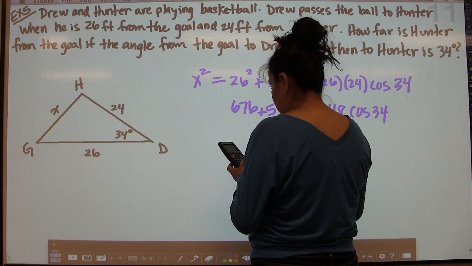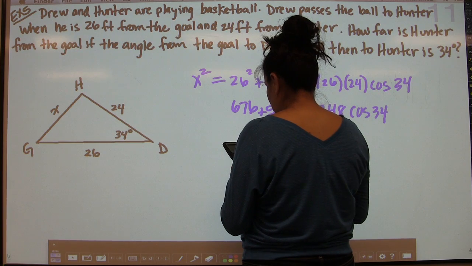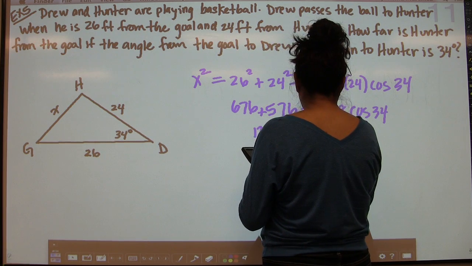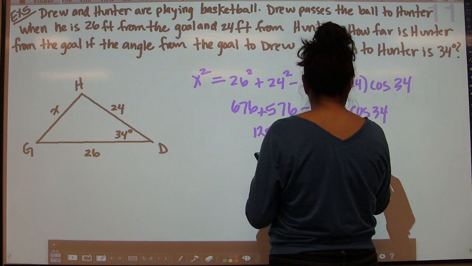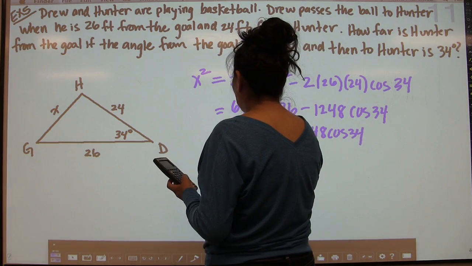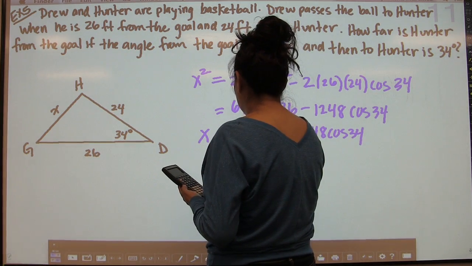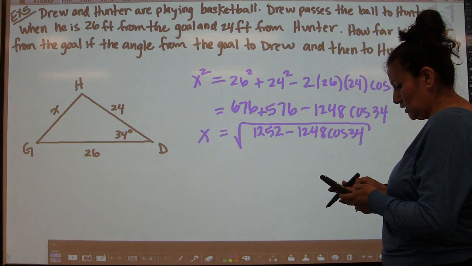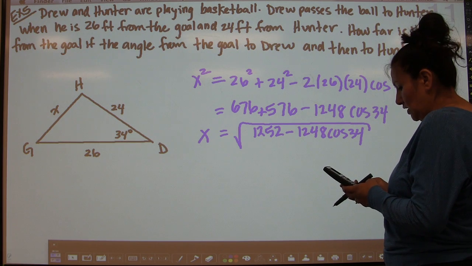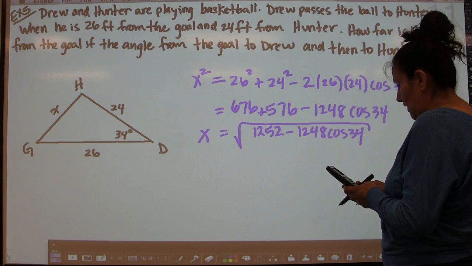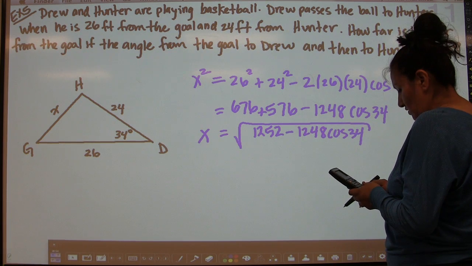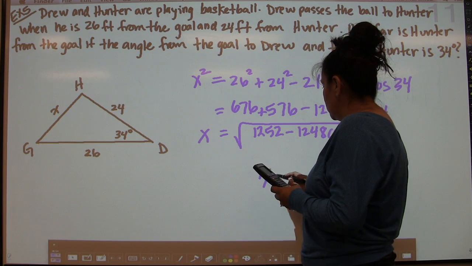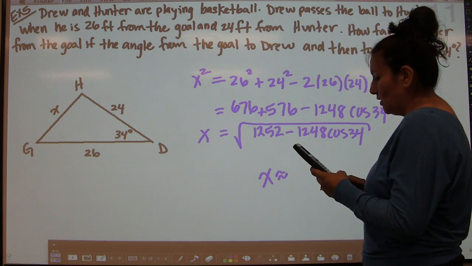So 676 plus 576 is 1252 minus 1248 cosine of 34, and that's all equal to x squared. So if we want to know what x is, it's going to be the square root of that. So we're going to take the square root of 1252 minus 1248 cosine 34 degrees, close parentheses, and we get that x is approximately 14.